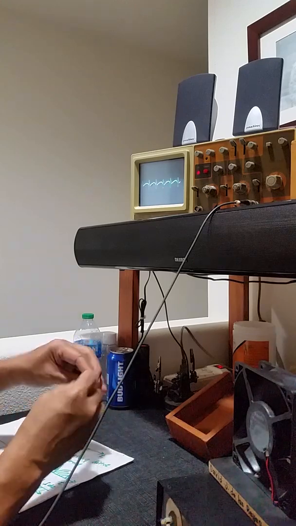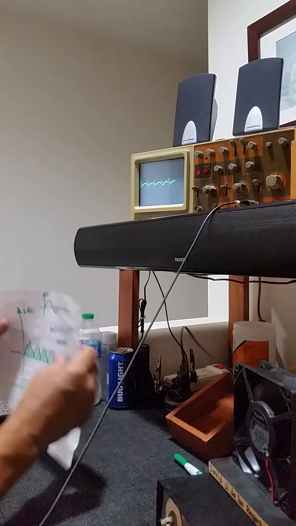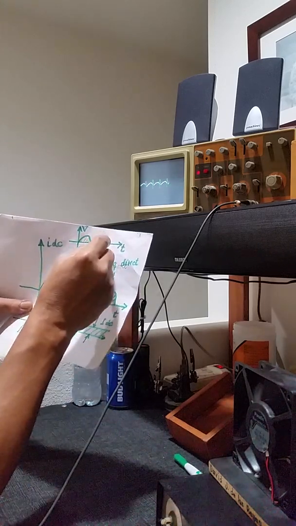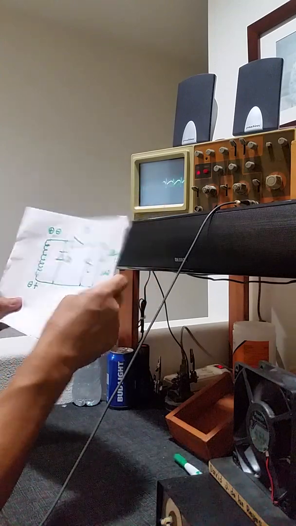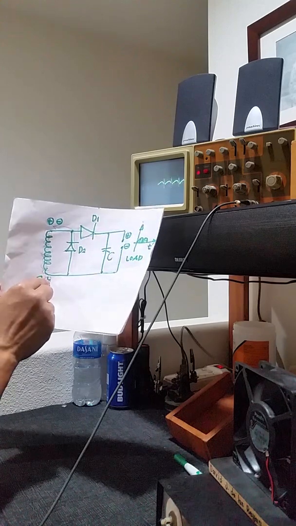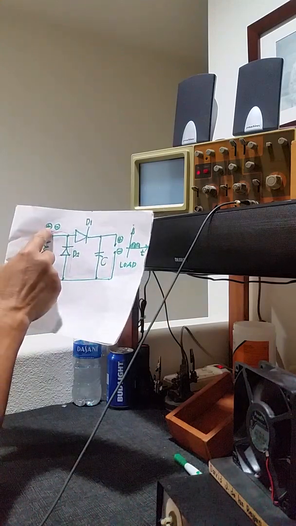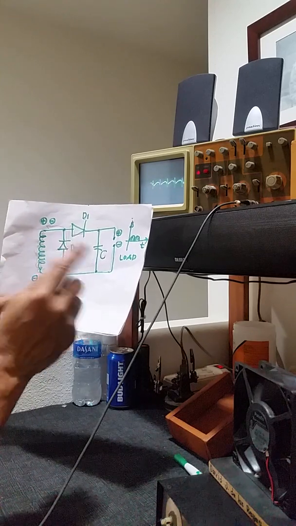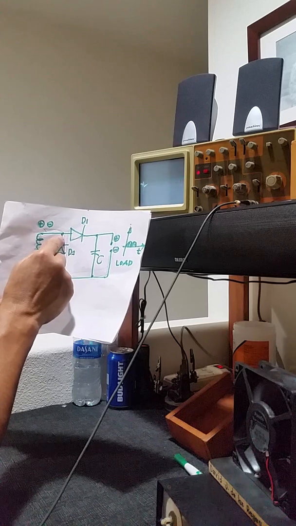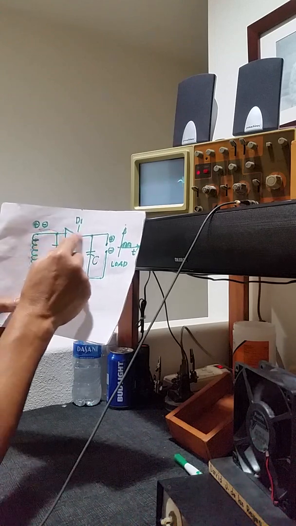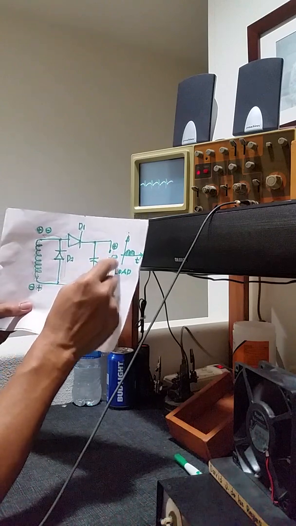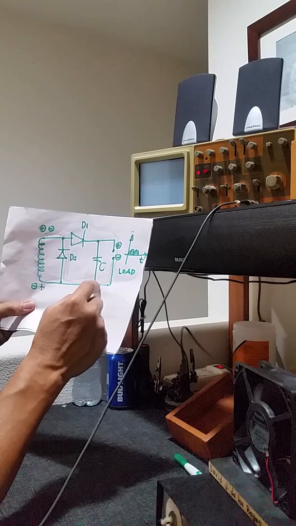For the negative alternation, when this graph of the voltage will come out, it's like this. When the negative alternation will come out, this will be plus, and this will be minus. So the flow of the current is something like this. It goes here, it passes through diode 2, it passes through diode 1, it goes to the plus terminal of the load, then the negative terminal of the load, it will come back here.